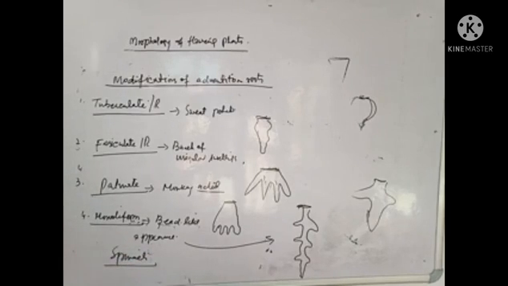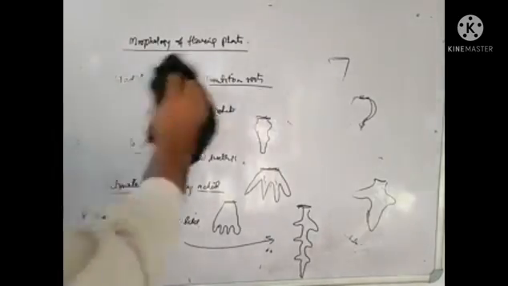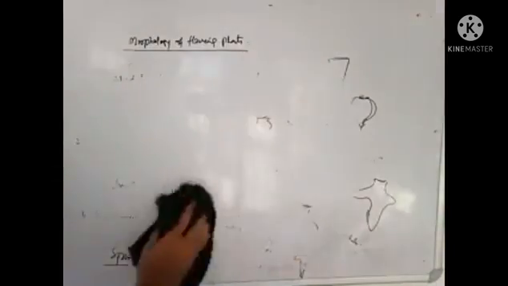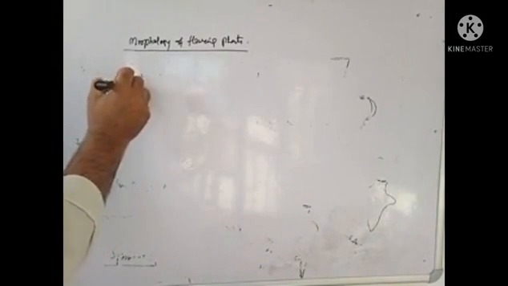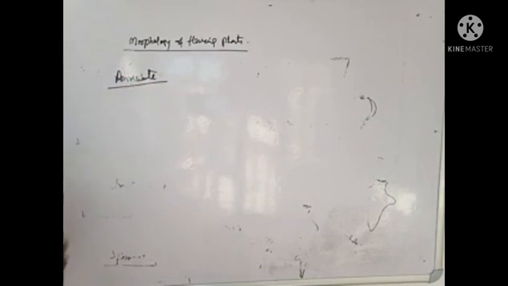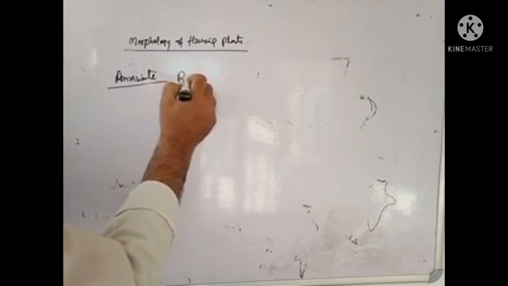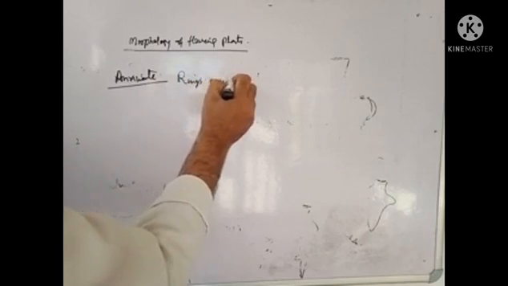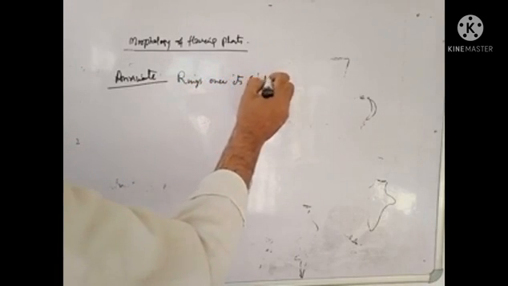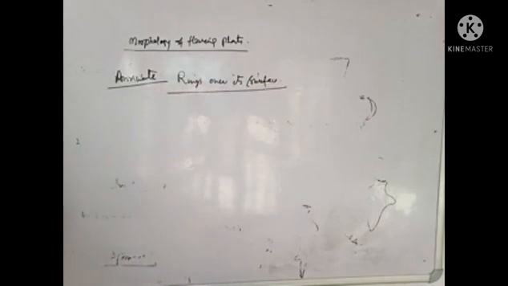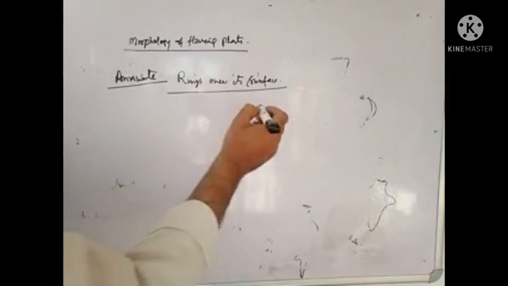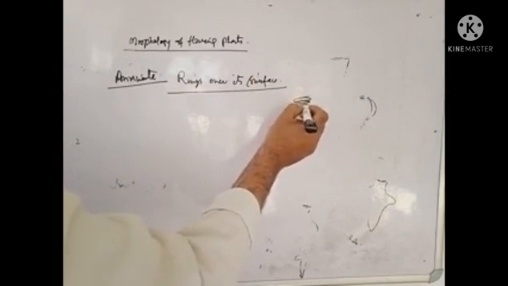One more modification of adventitious roots is annulate. Here the roots possess rings over their surface. That's why it's called annulated. We'll draw the structure like this.